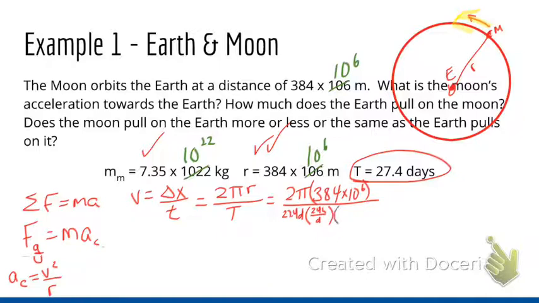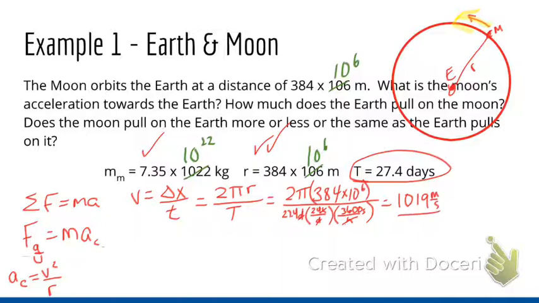And in every hour, there are 3,600 seconds. Our hours cancel, our days cancel, we're left with seconds. We do the math, we end up with the velocity of the Moon orbiting the Earth is 1,019 meters per second.